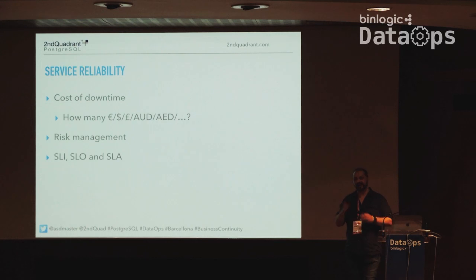And SLAs are something you provide to a customer, for example, that have to be obviously looser than your SLOs. So you have to know your SLIs, practice your SLOs, and then contract your SLAs, okay?